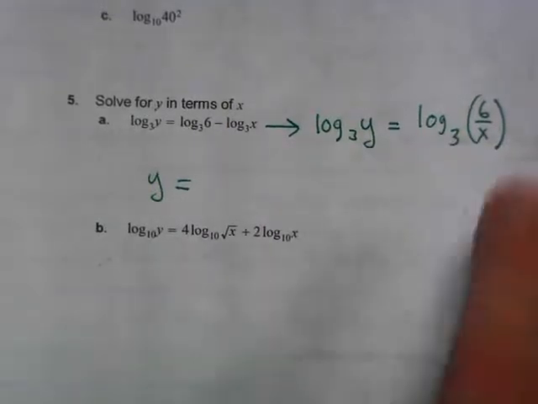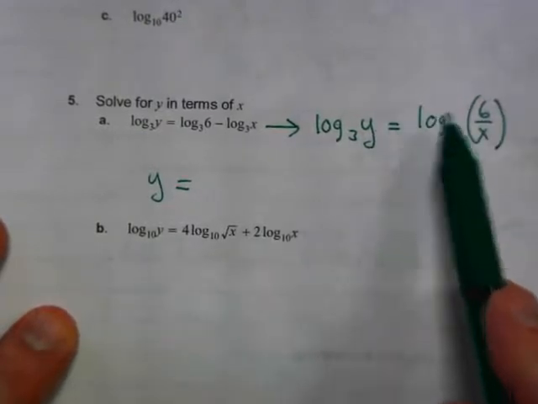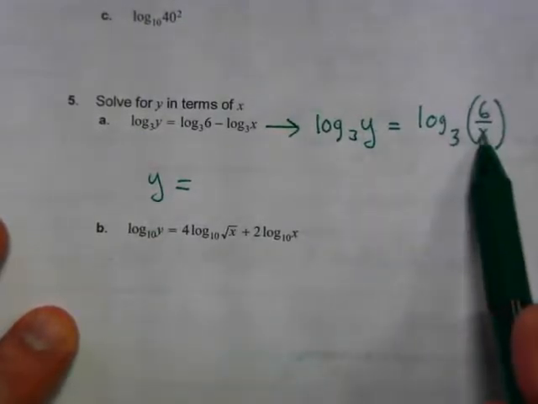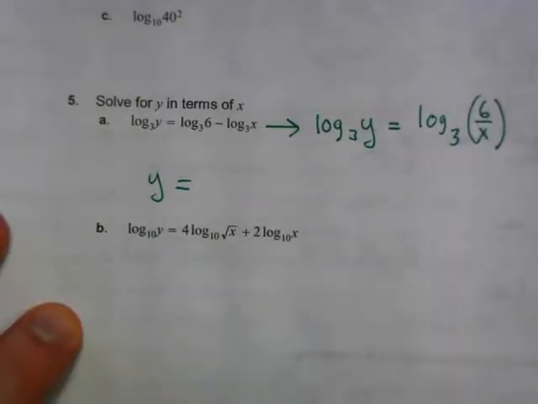Now, what has to happen? If log base 3 of y equals log base 3 of 6 over x, the log 3's cancel, which is correct, but we're not really dividing by log 3. You can't divide by log 3. Log 3 doesn't make any sense.